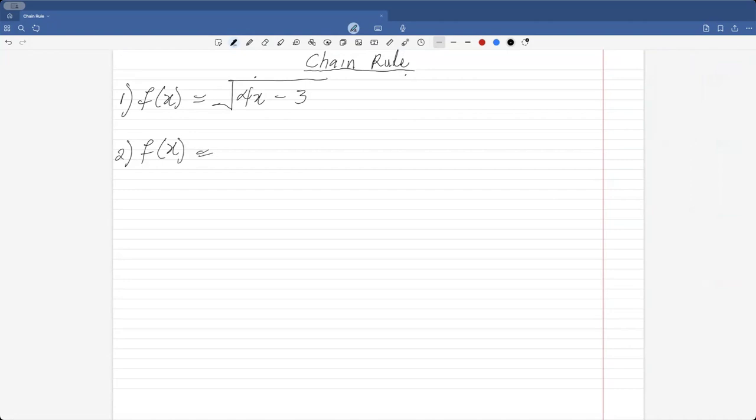Number 2, f(x) equals (7x + 1) all to the power of 2. Number 3, f(x) equals e to the power of cos 2x.